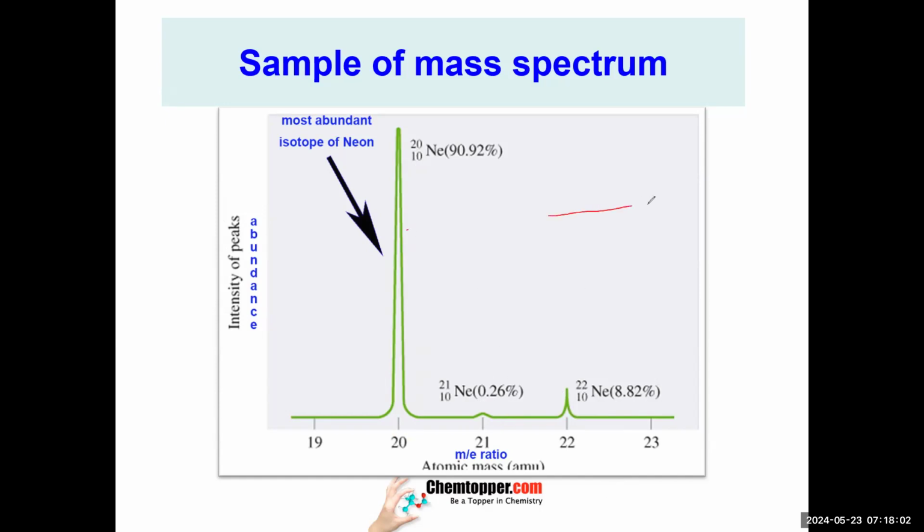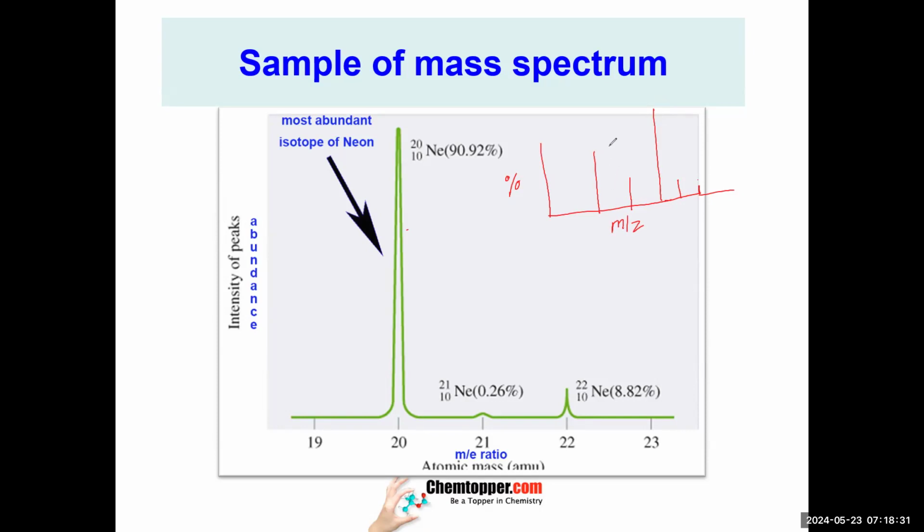If I give you some kind of spectrum like this, here is the percent abundance, here is the M over Z ratio. If I give you signals like this, can you tell me how many isotopes there are? Yes, now it is 5.